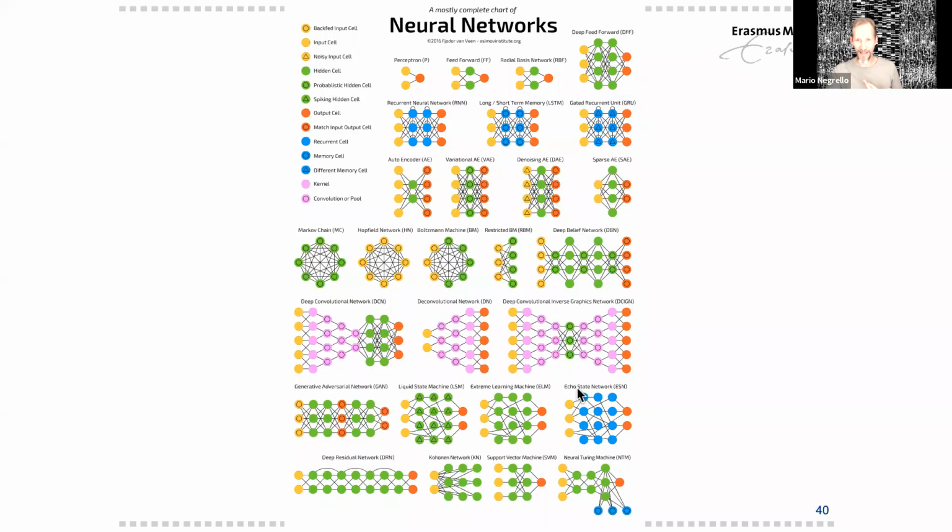Here, the echo state network, if you see the structure where my cursor is pointing, is a recurrently connected neural network that actually also has self-connections that are not displayed here, that has output neurons.